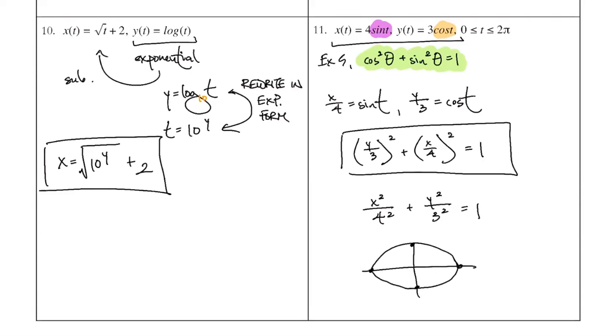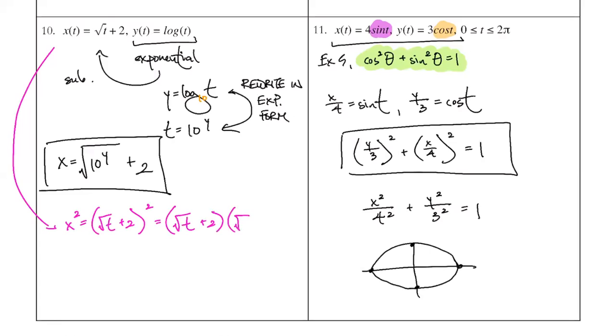Okay, the way you did it was square the left equation. Okay, so let's see. If you square the left equation, you're going to get x squared equals square root of t plus 2 squared, which is equal to square root of t plus 2 times square root of t plus 2.